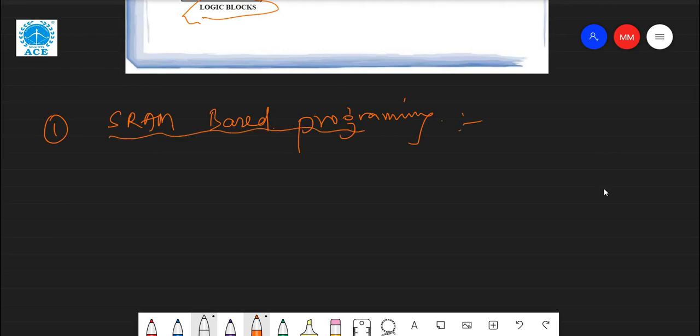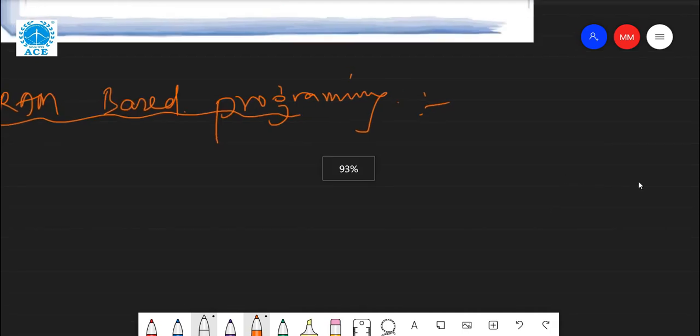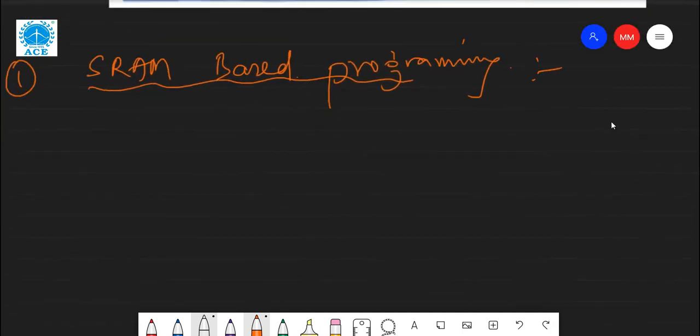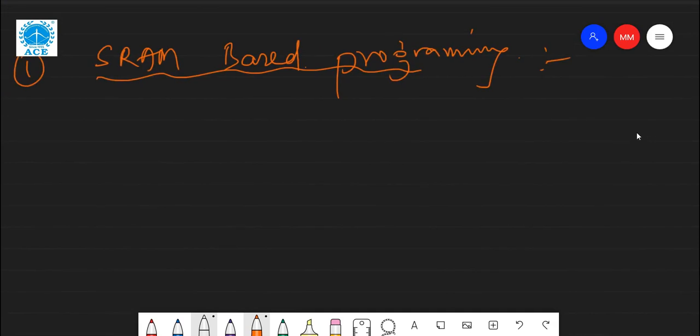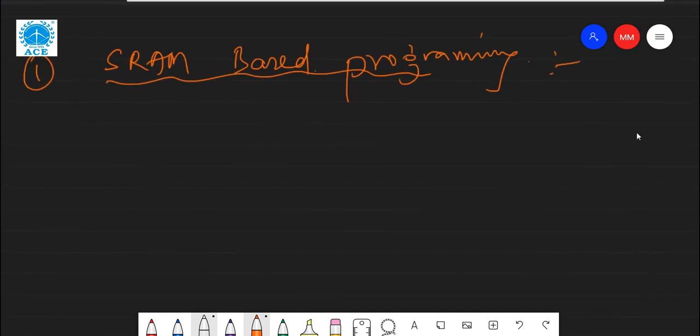How will it be? Basically, the connections in this FPGA are designed with pass transistors.